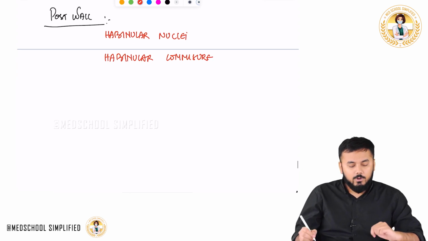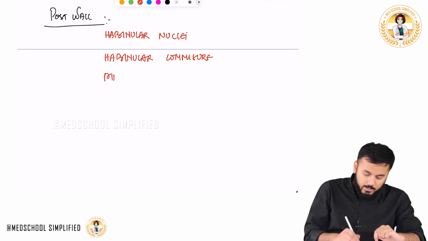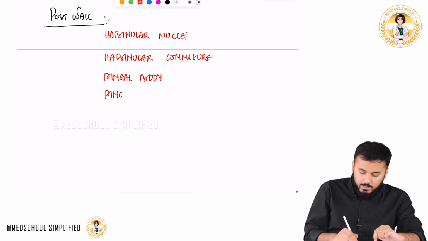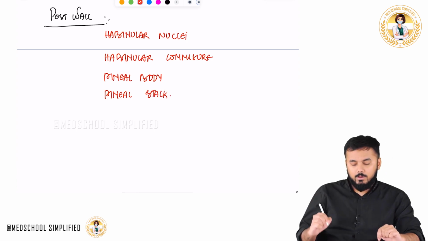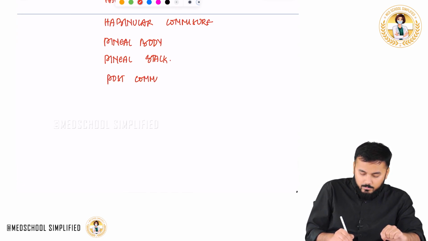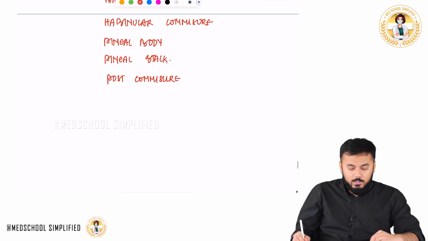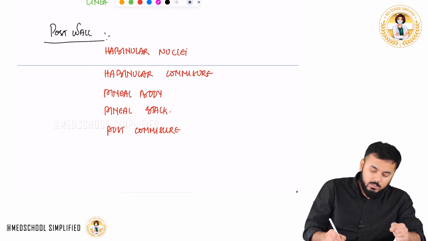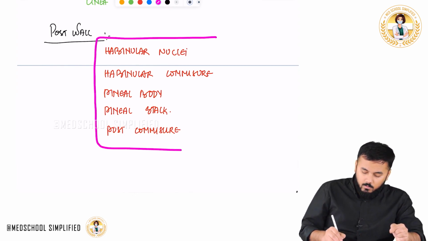After the habenular commissure, we have got the pineal body. Next after that we have got the pineal stalk. After the pineal stalk, we have got the posterior commissure. So these are the structures that are forming the posterior wall.